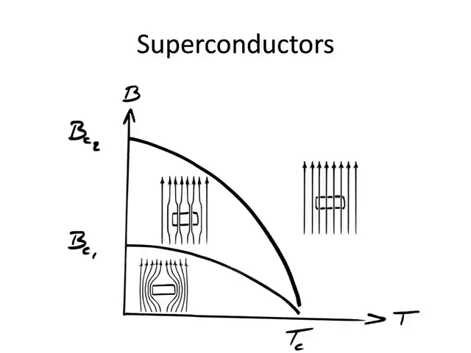Now, another type of phase transition that's been much studied is the phase transition going from an ordinary conductor at higher temperature to becoming a superconductor at low temperature.